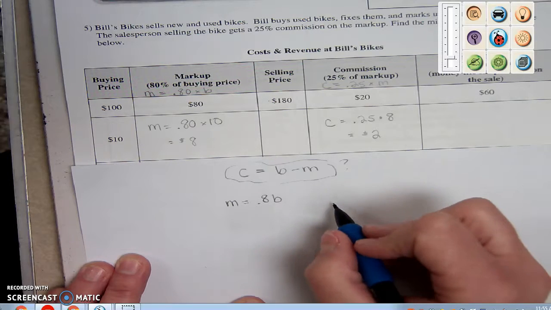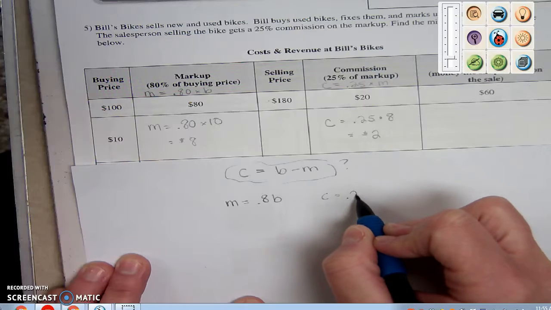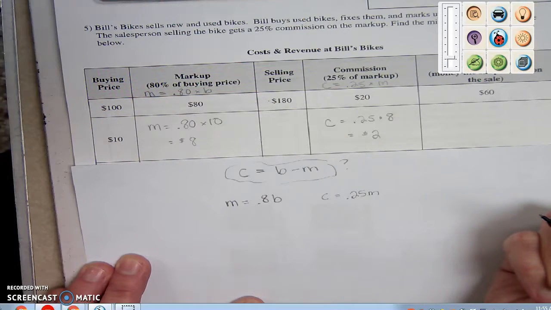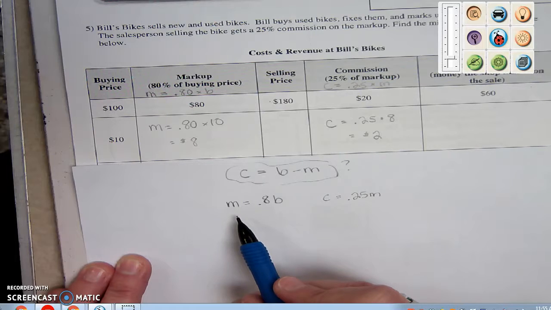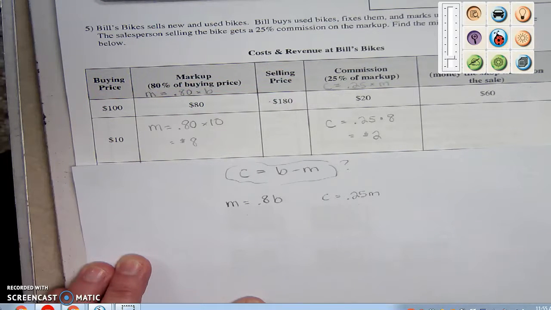And to find the commission, you do 0.25 times the markup. So what we're going to do is exchange these so that we only have one variable in our equation. We have so many variables and so many equations here.